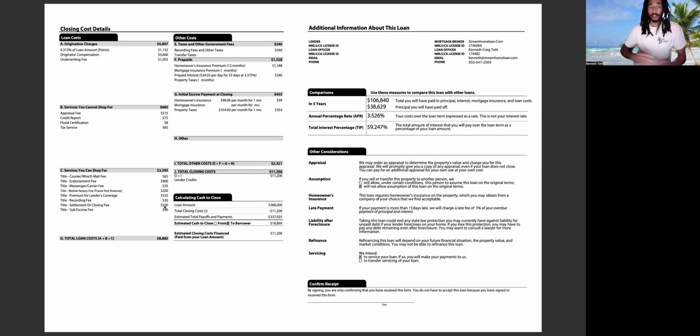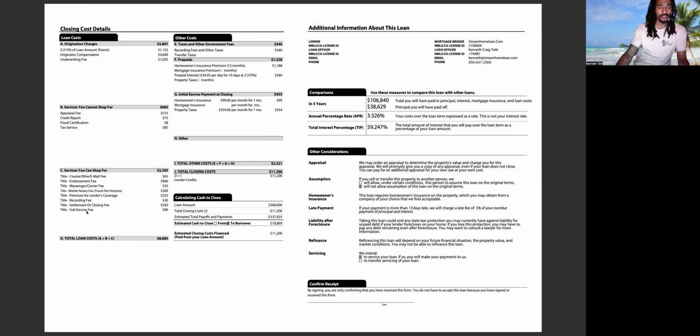On a purchase transaction, I am required to use the escrow company that the seller selects. So purchase transaction, seller selects the escrow company. At the start of the transaction, I contact the escrow company and request a list of their fees so that I can then put them into my loan origination software and disclose them to the client.